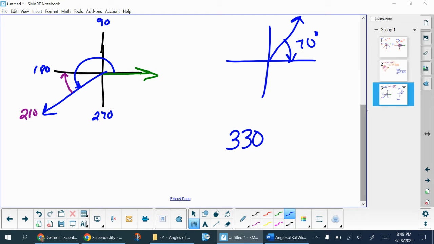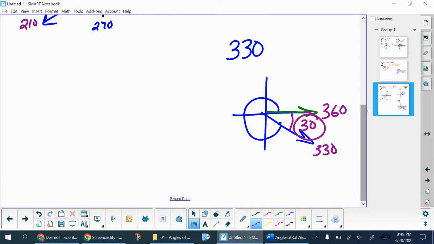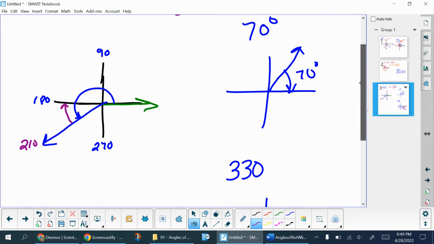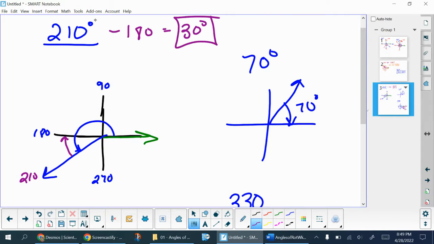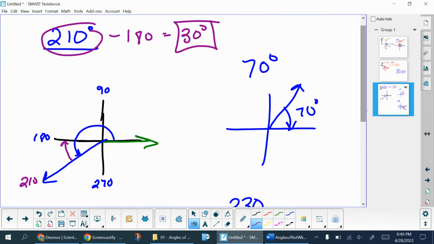Well, that's almost a full turn, almost all the way back. So how far am I from being all the way back? Well, if this is 330 and I need to get to 360 to be all the way back, well, I'm 30 degrees away. So for all of these angles that are less than 360 degrees, all it is is comparing it either to 180 or to 0 or to 360. It's always going to be a positive angle.